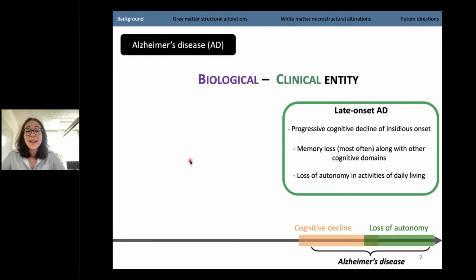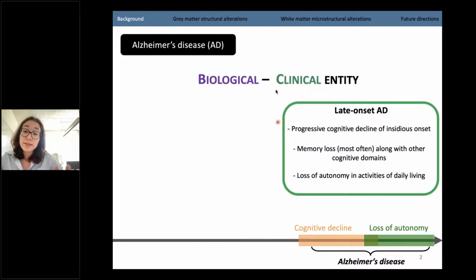Great. So at the clinical level, the main symptoms often start with memory loss, then other cognitive domains can be affected. And by the time someone gets a diagnosis of Alzheimer's dementia, activities of daily living are also impaired. But it's important to keep in mind that those are the very late stages of the disease.